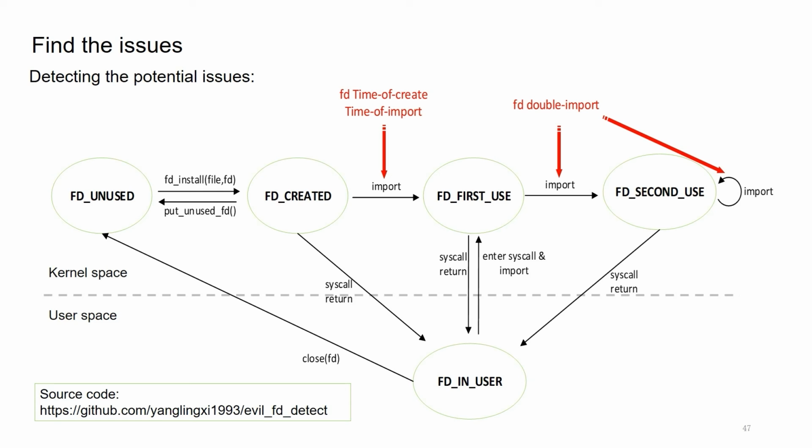And the FD double import issue might happen when the FD state changes from FD first use to FD second use. Actually, the implementation of the detecting code is very simple. We only need to add some code to a few kernel APIs, such as fd_install, fdget, and so on. And I have put the detecting code on GitHub.